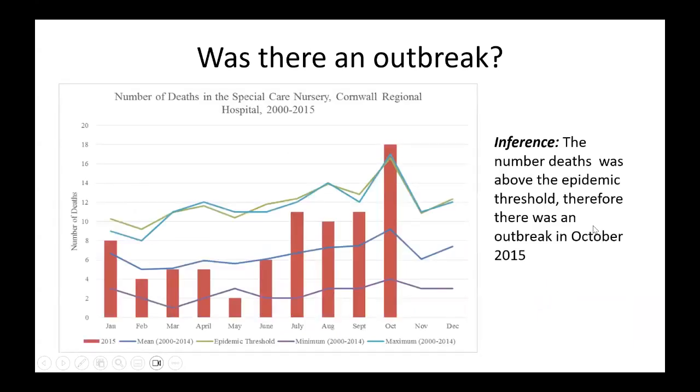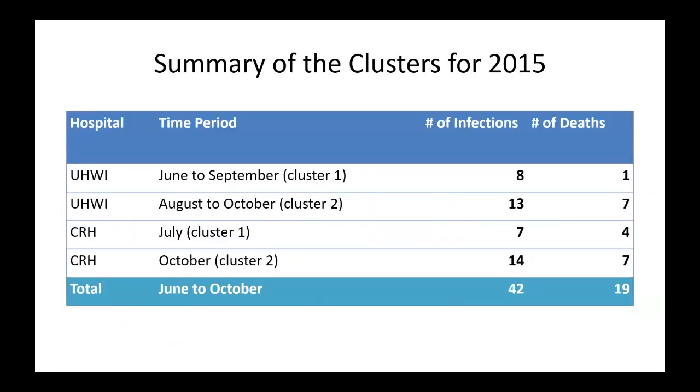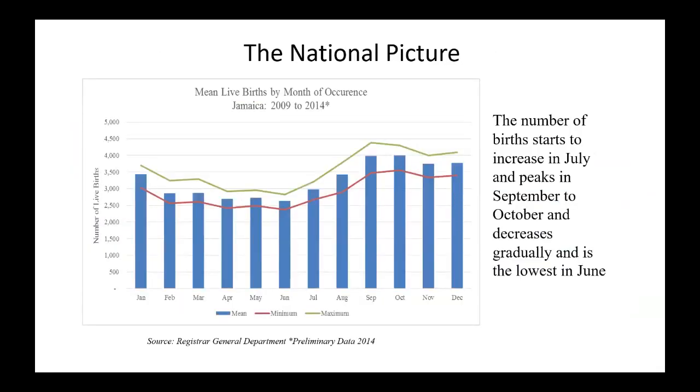We really would have to look at the numbers. So at Cornwall, there was indeed an outbreak. And we look at number of deaths. And then when we did the rates, similarly, there was indeed an outbreak. So, we need to look bigger.